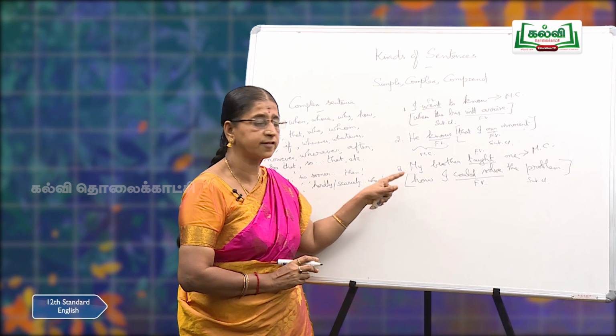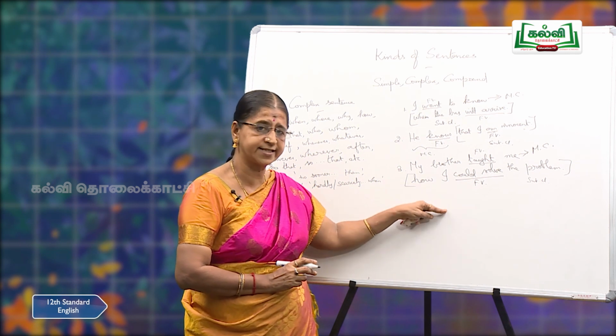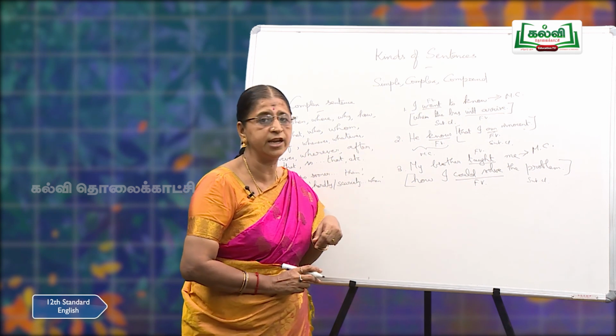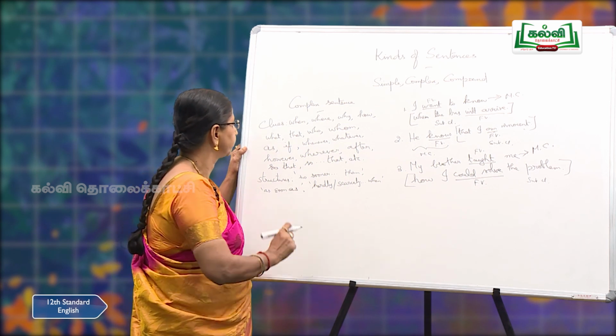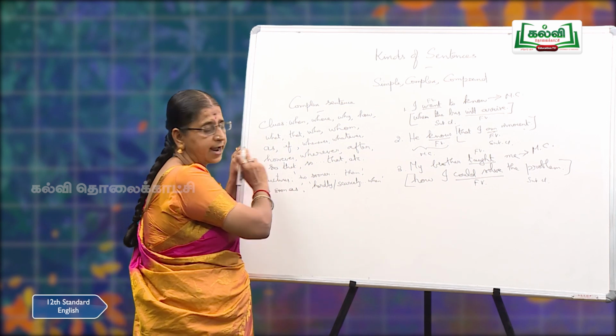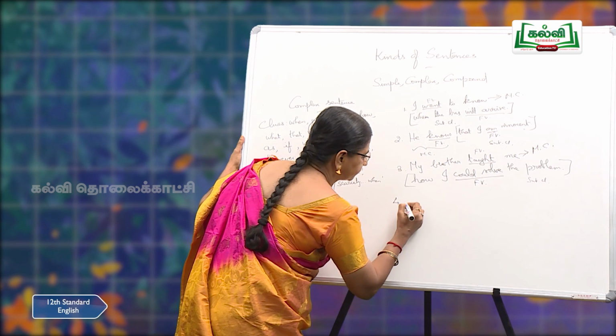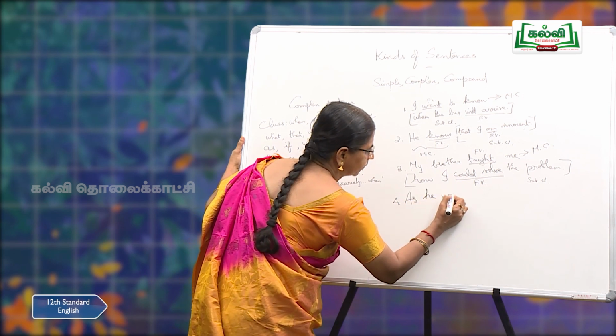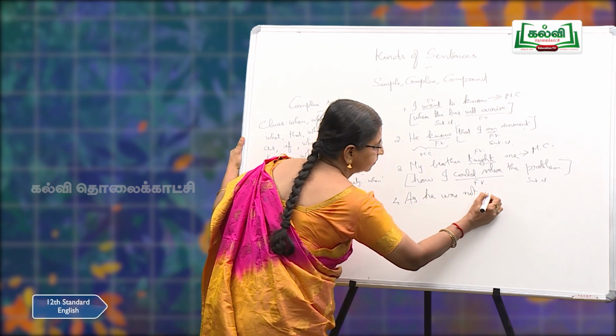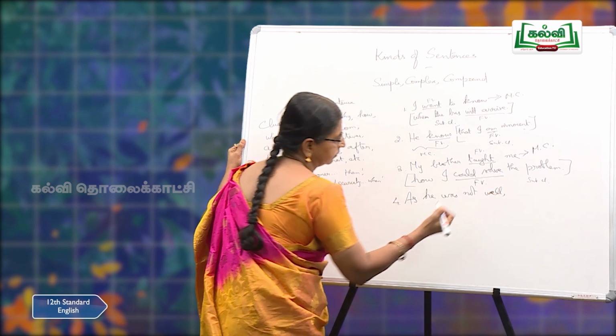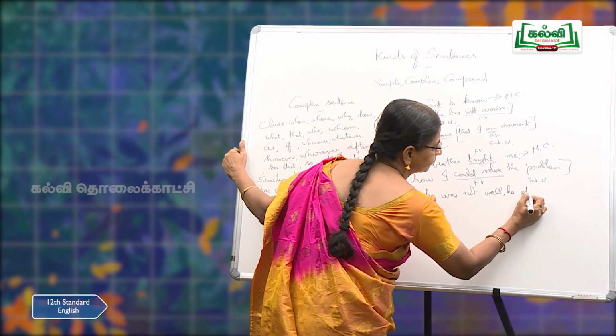Now don't think that the subordinate clause will always occur only in the second position. It could occur at the beginning also. For example, if I consider this word as: As he was not well, he stayed at home.